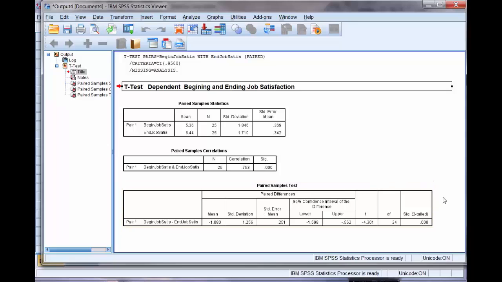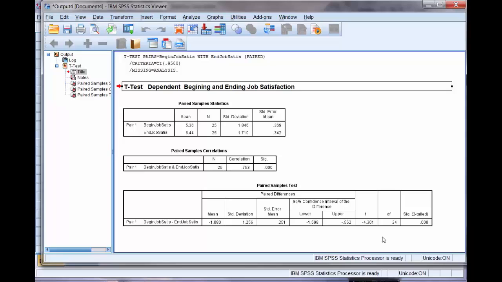And then I come over here and here's my t statistic right here, a negative 4.301 standard deviations. And my significance is very low. In other words, this test statistic is so unlikely just by pulling random samples out of the population.